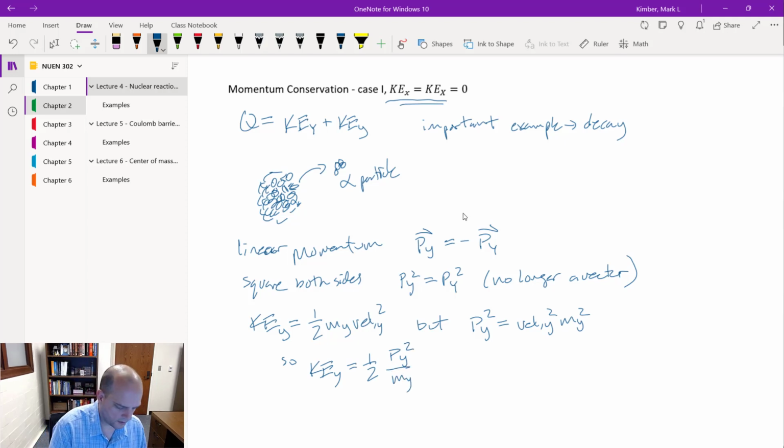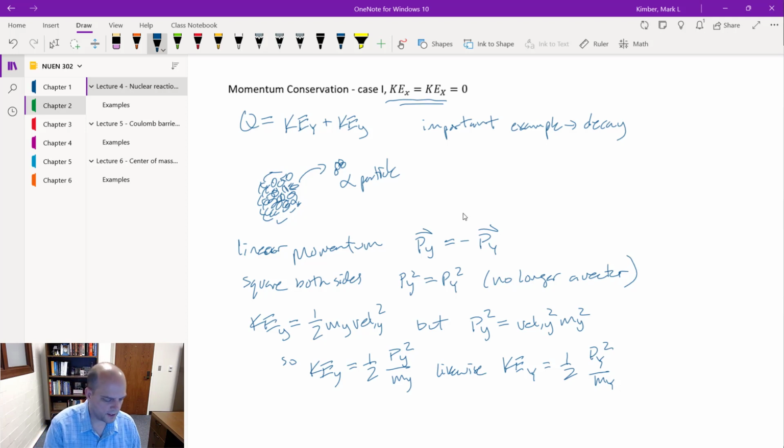And I can do that same thing for the kinetic energy of the larger particle. Kinetic energy of capital Y is 1/2 times its momentum squared over its mass.